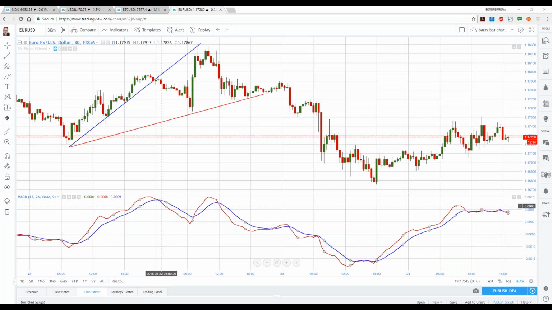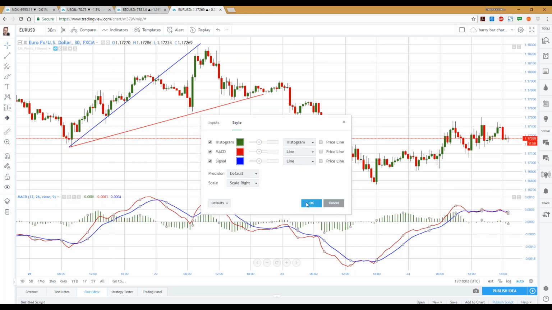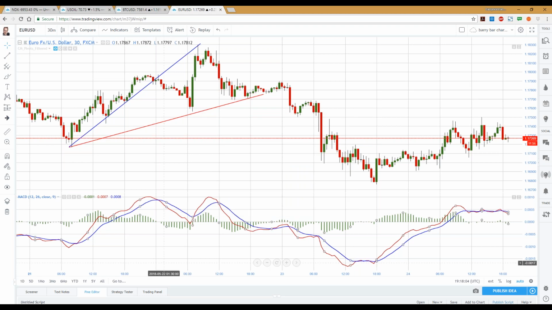A histogram takes these two lines, the MACD line and the MACD signal line, and subtracts them and puts them in a very easy to see visual representation so that you don't have to do any calculations. So we've got our MACD histogram set up here in the green. And the MACD histogram is also based on that zero line, because it's simply the MACD line minus the MACD signal line.